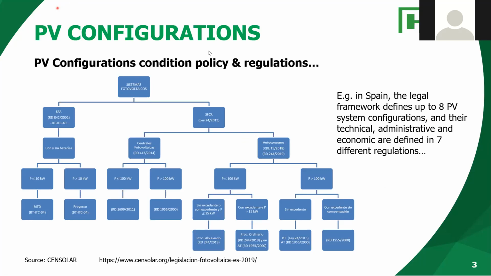And if it is on-grid, we can have the photovoltaic power plants, whether they are small, below 100 kilowatt or above that level of capacity. Then you have different decrees, different regulations. So the policy and regulations aspect are of course of application in our projects.